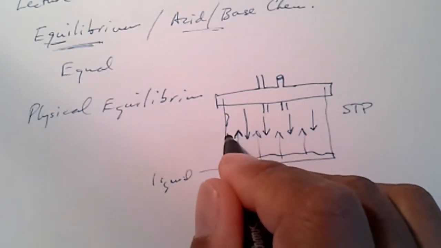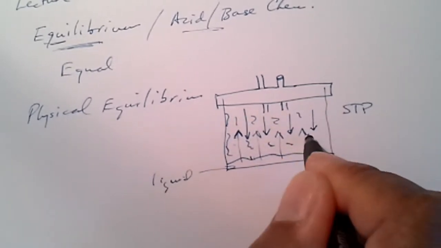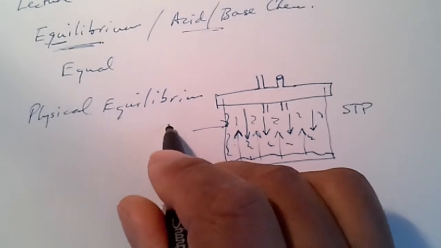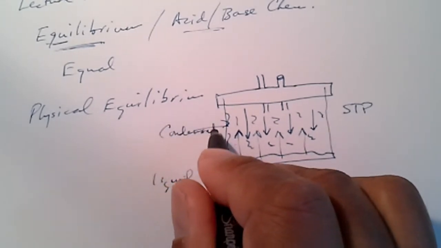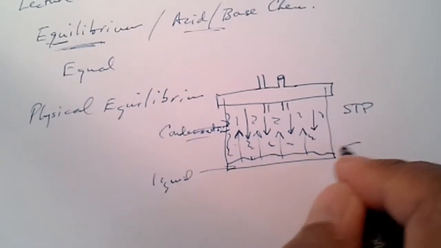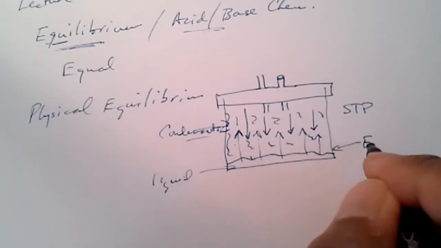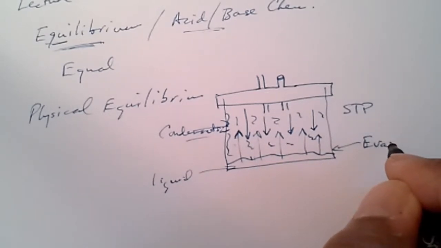So what we'll end up doing is you'll have some condensation on the glass that will develop over time, and of course as molecules rise, this is referred to as evaporation.